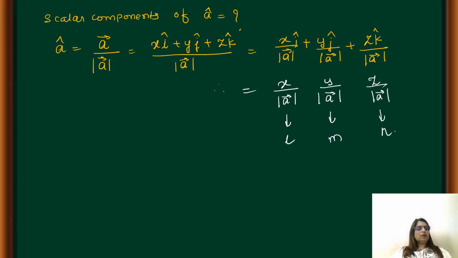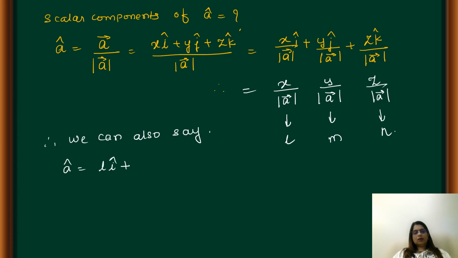That means we can also say that a cap is equal to L i cap plus M j cap plus N k cap. Correct?